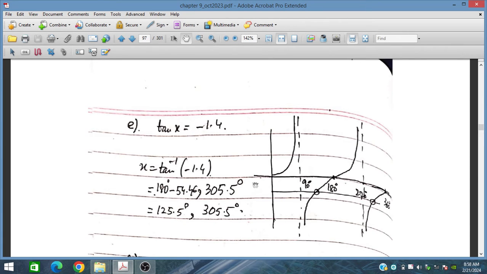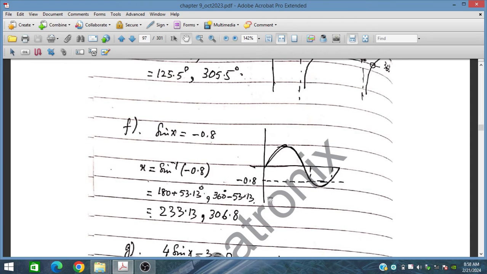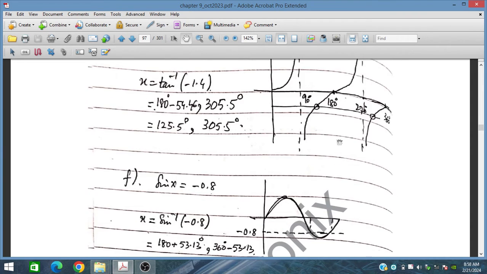If we take this value for the positive side, we can subtract it from 180 and we will get this. Similarly for this one in the fourth quadrant, we just add 180 degrees and we'll reach.